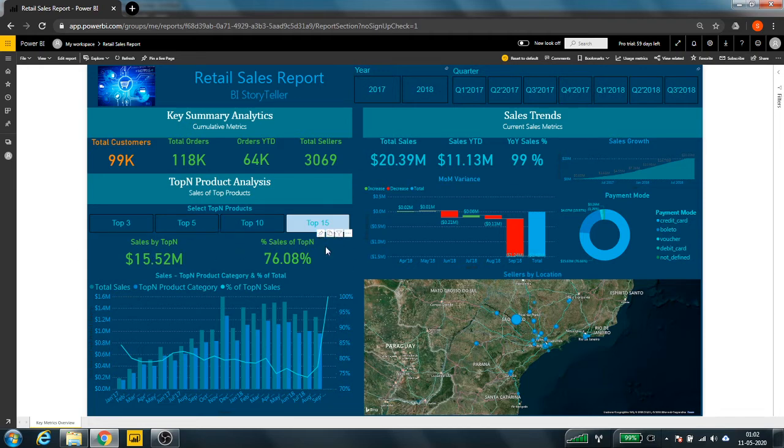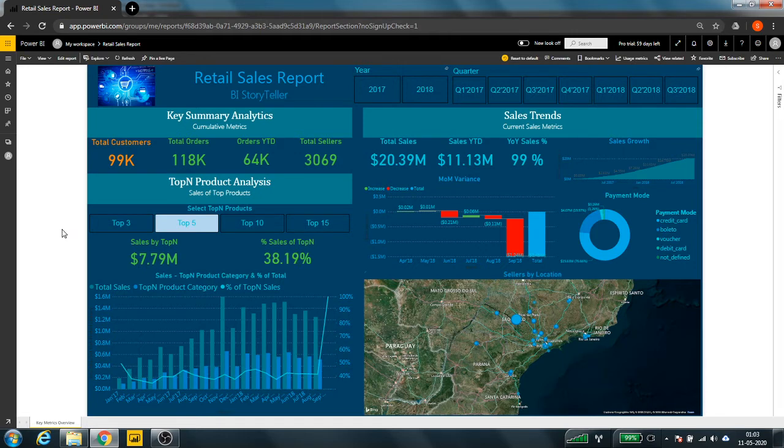And as you can see, the top 15 account for about 76% of the total sales, right? I could similarly look at top 10, which account for 62%, and the top 5, which account for 38% of the total sales.